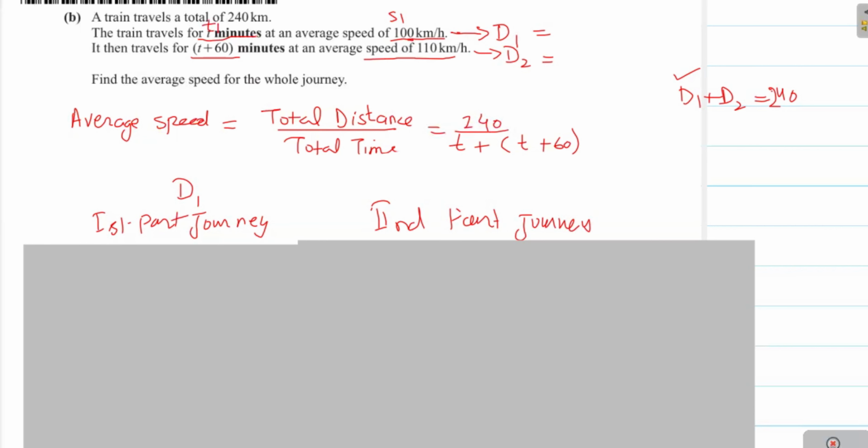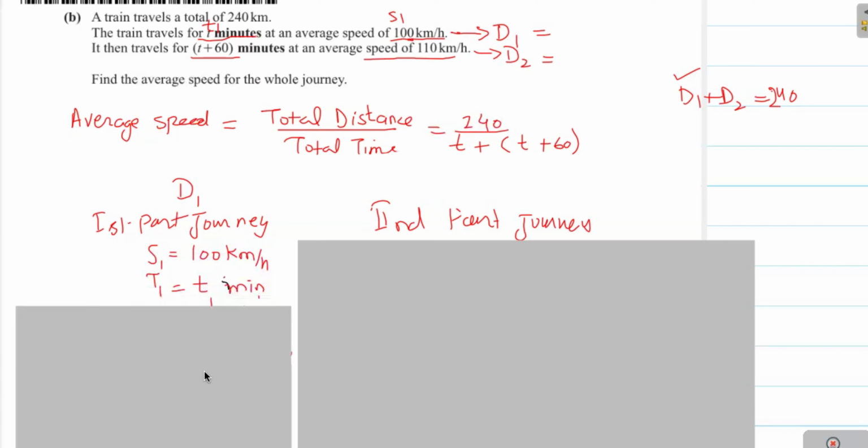Now we calculate this value, firstly D1. Look here, this D1 expression will be S1 is 100 kilometers per hour, T1 is T minutes. Firstly, we will convert the time into hours. When we convert minutes into hours, we divide the value of minutes by 60, and we get the time in hours. This becomes t over 60.